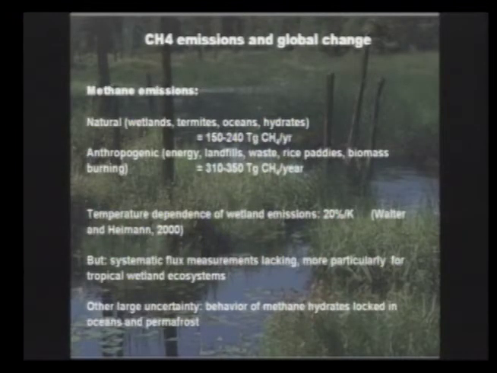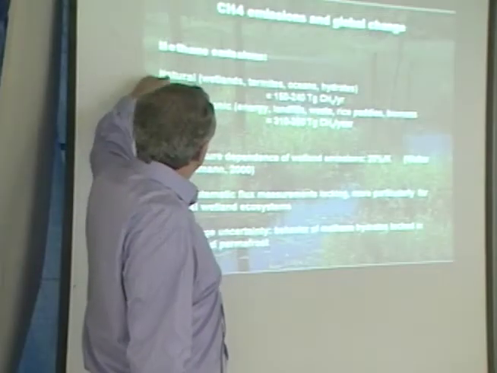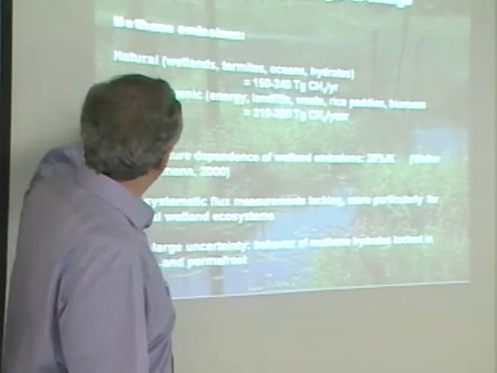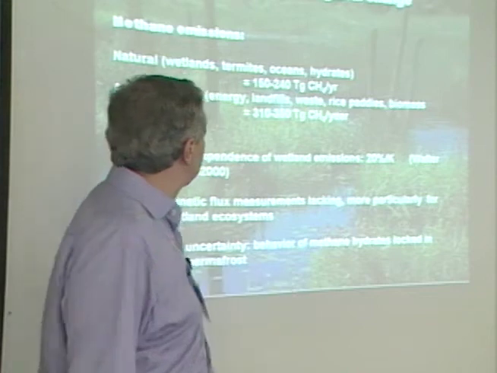But now what I would like to discuss are other mechanisms, the return loop if you want, that will help us address your question. For example, what happens to methane emissions if we have climate change? Just like we ask ourselves what happens to CO2. In the case of methane, the natural emissions are about 200 teragram versus the anthropogenic ones, which are 300 teragram.